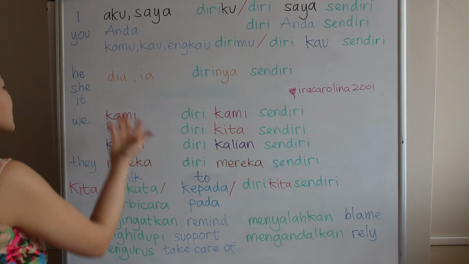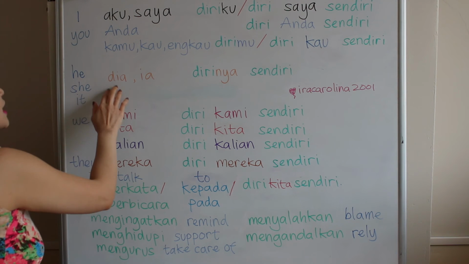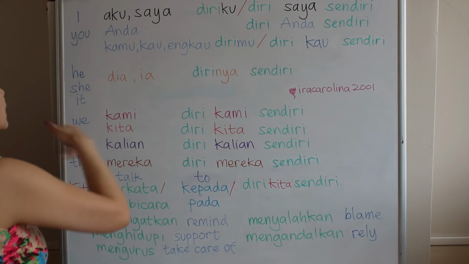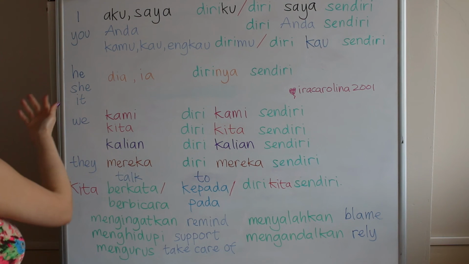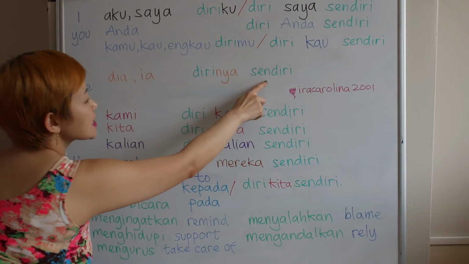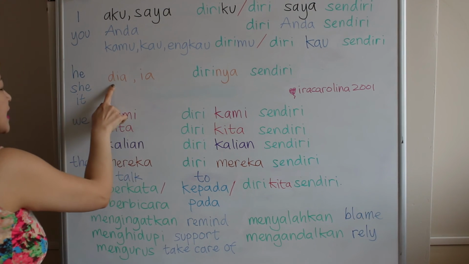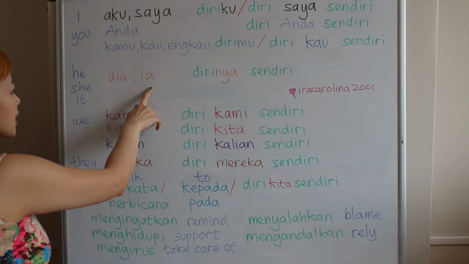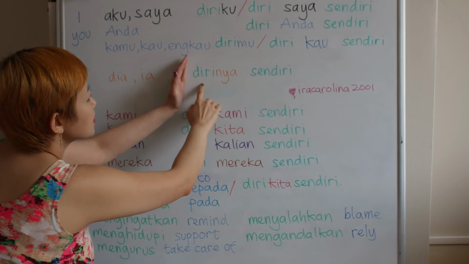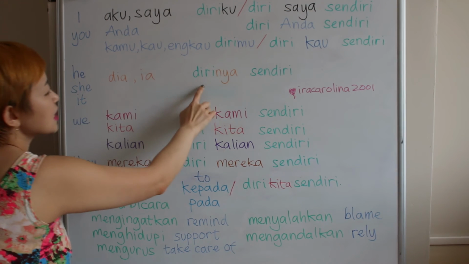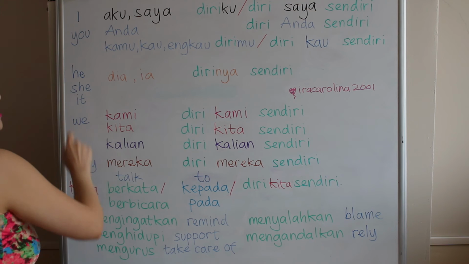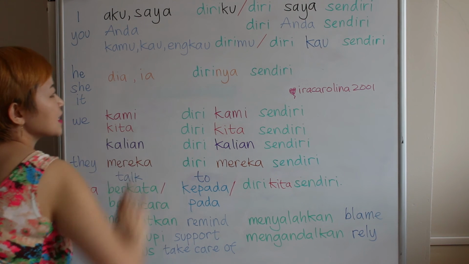But we just use the same word for he, she, it, dia or ia. And himself, herself, itself, dirinya sendiri. Dia and ia become nya, together with diri, one single word, dirinya. Himself, herself, itself, dirinya sendiri.